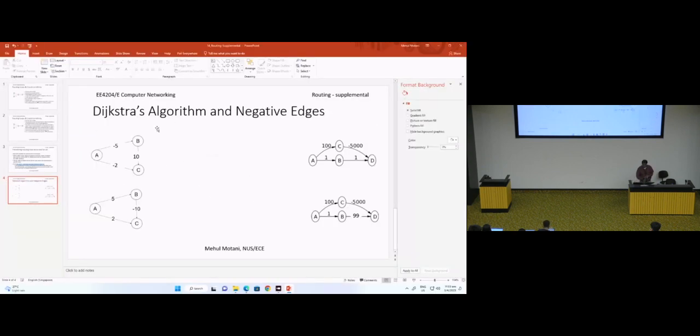But does anybody see a principle? Why does Dijkstra work here? What's the principle? That's a good point.